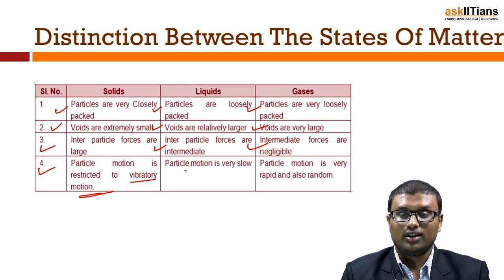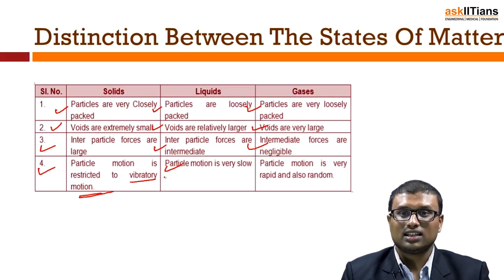Liquids flow. You take water and pour it on the floor. You will see that if the floor is slanted, the water flows. Why? Because here the particle motion is there, but it is slow. What happens to gases? By this time you would have understood, right? My particle motion is rapid.